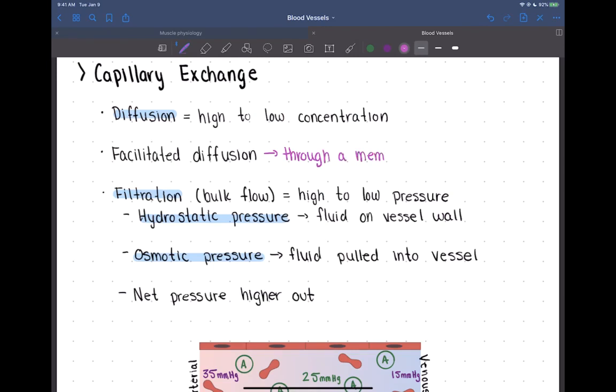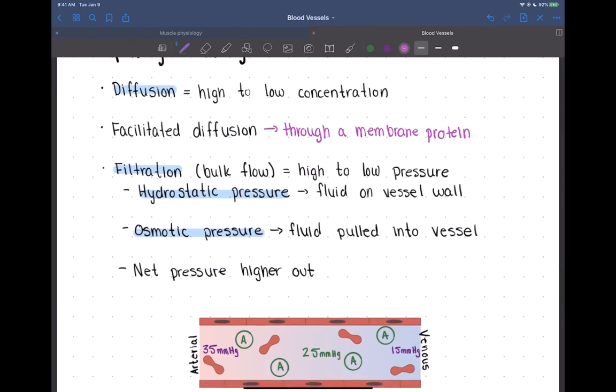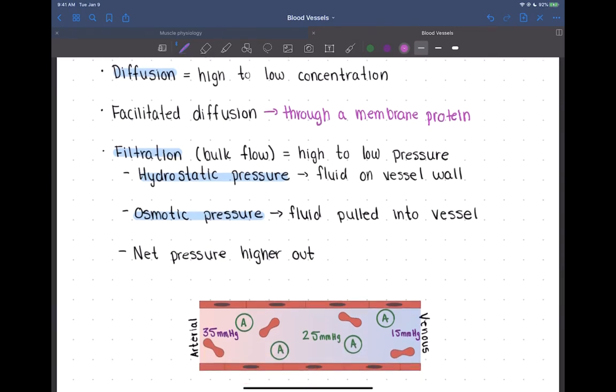All right, so we're still moving from high to low concentration, but with facilitated diffusion, you're facilitating diffusion by adding a protein. Okay. All right, so that's diffusion, high to low concentration, and then we have filtration.